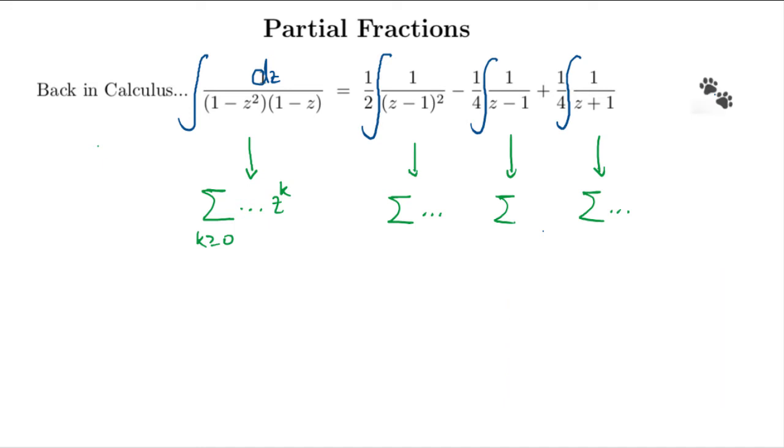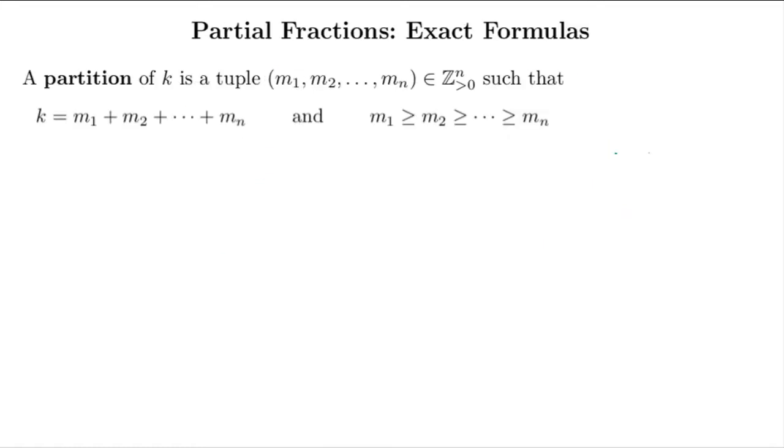Okay, what we're going to do now is we use this technique in several ways with generating functions. In the first example, I will compute the exact formula of a counting function. So this example is about partitions.